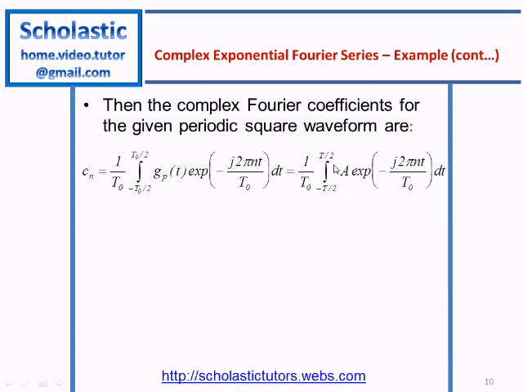So basically the function exists only between minus T by 2 to plus T by 2, not minus T0 by 2 to T0 by 2. T0 is the periodic time, but the function does not exist for a certain time period. And then multiply by exponential minus j 2 pi nt over T0 dt.